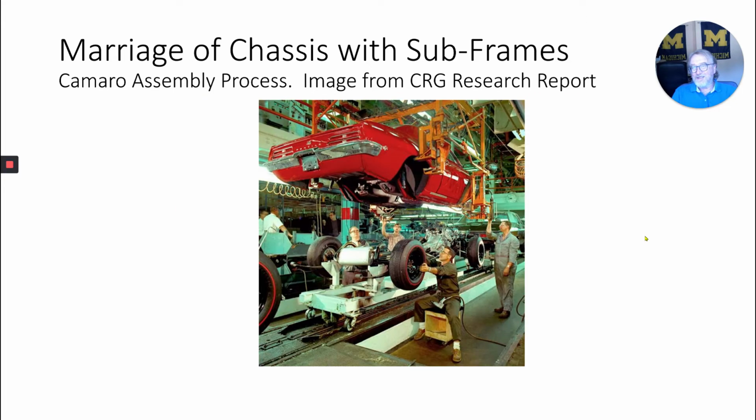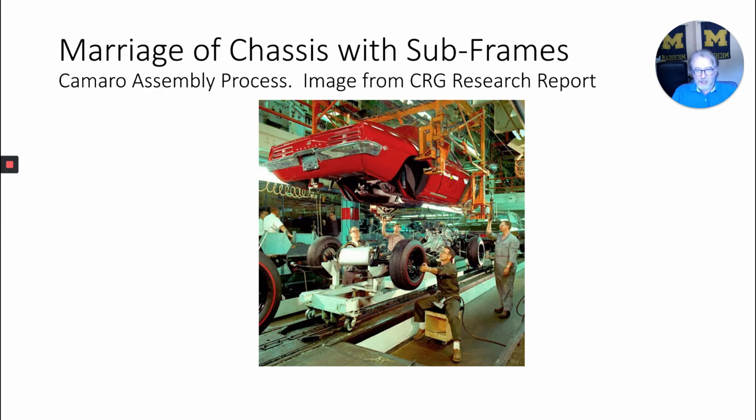Here's an example of the chassis being married to a subframe. This is an old image of an old Camaro, and look at those old tires. Down at the bottom is a subframe. You have a rear subframe that holds the back suspension, tires, and differential, and a front subframe that holds the engine, transmission, and of course the front suspension.